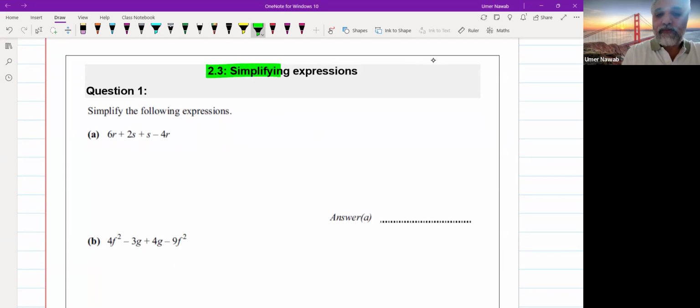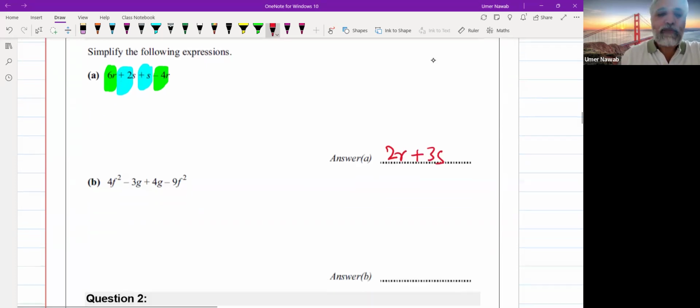Now we reach to the simplifying expressions. So simplifying expressions, we have to combine the like terms. You can see 6r minus 4r, it will give you guys 2r, and 2s plus s will be giving you 3s.